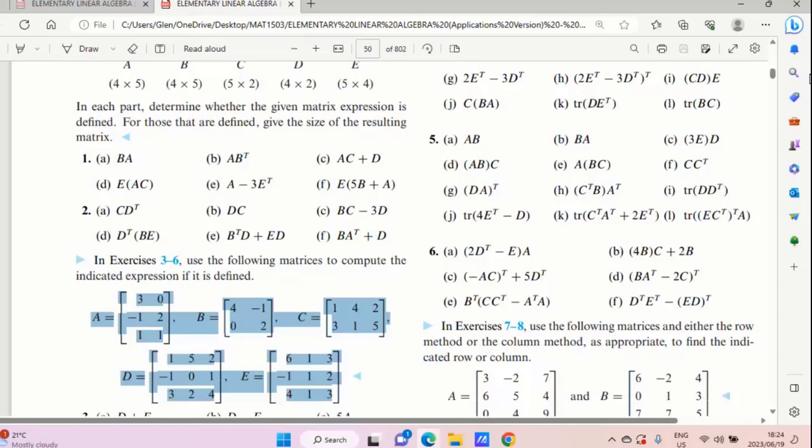Minus 1 times 2 is minus 2. 2 times 1 is plus 2. We are now going to the last row. 0 times 3 is 0. 1 times minus 1 is minus 1. 5 times 1 is plus 5. 0 times 0 gives us 0. 1 times 2 is plus 2, and then that's plus 5.